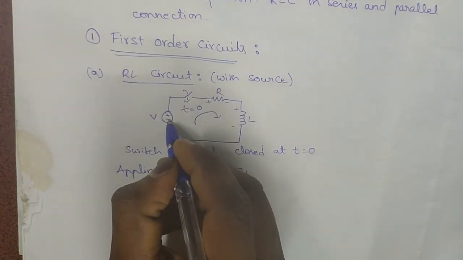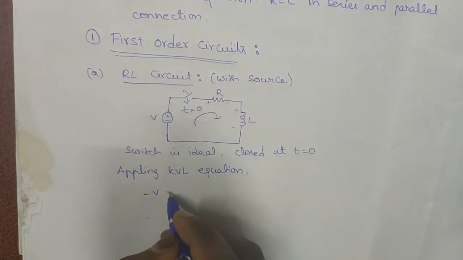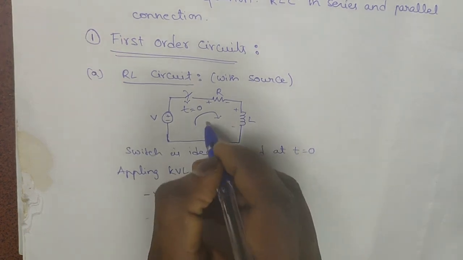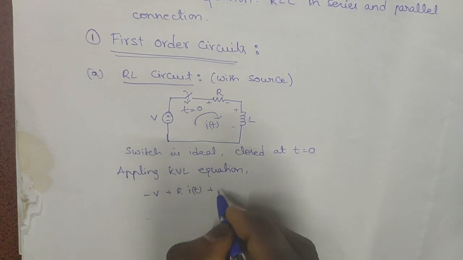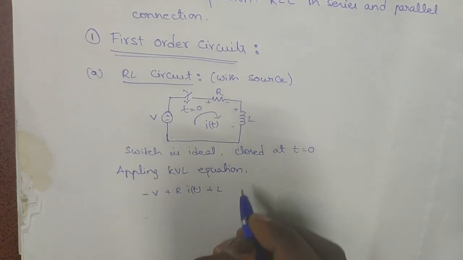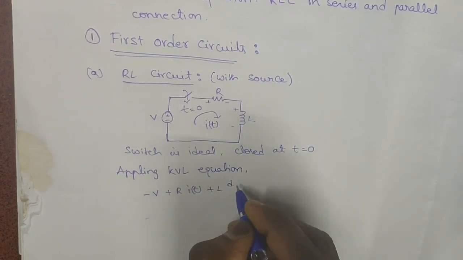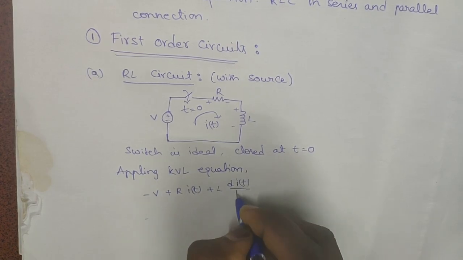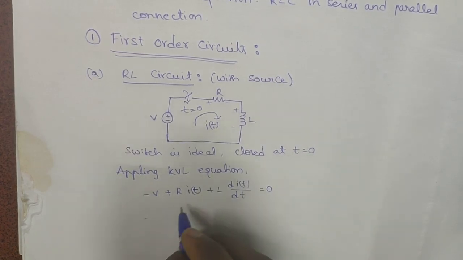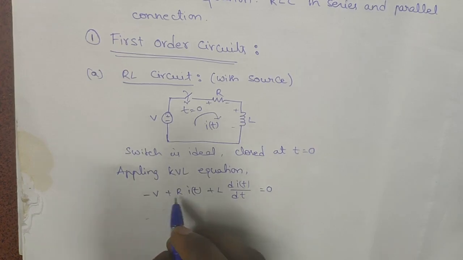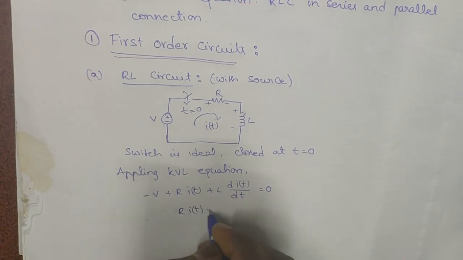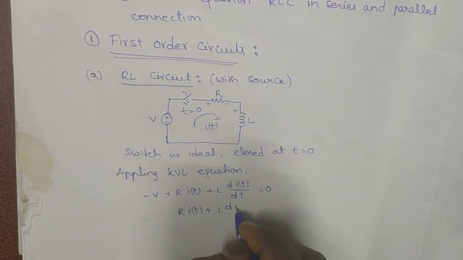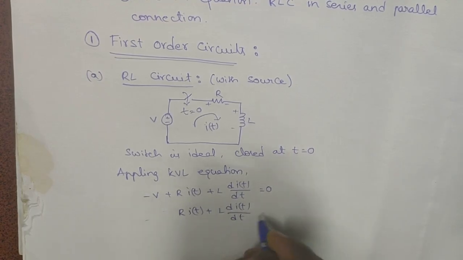When we start from here, we take the first sign, plus R into I of t, plus L into, we know the drop across the inductor will be L di by dt, is equal to 0. So we put this V on the LHS: R I of t plus L di by dt is equal to V.